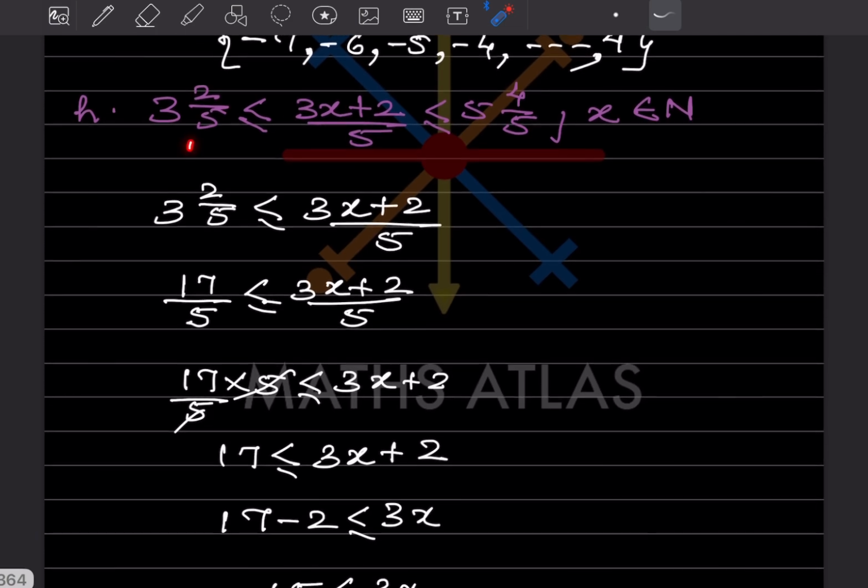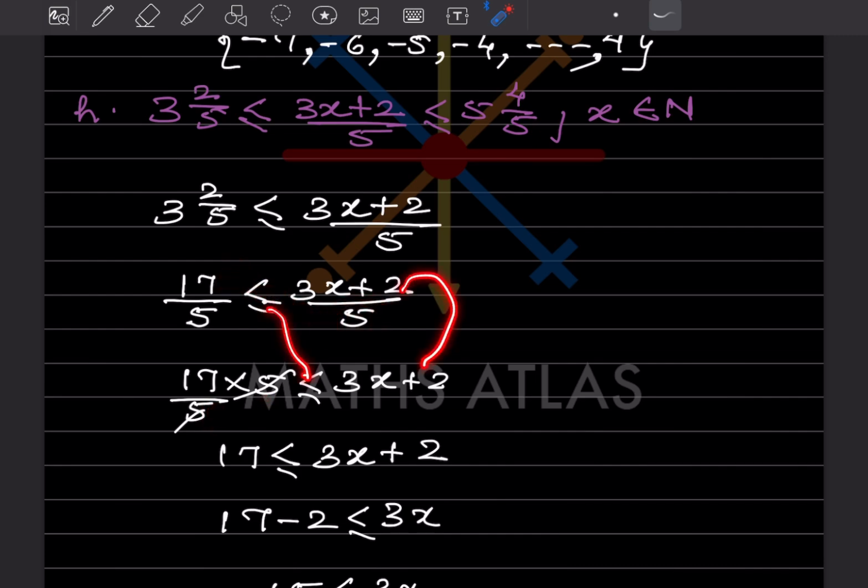Now this is given all the natural numbers. So now let us take this two part. This is a mixed fraction. We'll make it improper. 15 means 15, this should be multiplied, 15 plus 2, that is going to be 17 by 5. This is the same. So now this is division, so it goes on the other side. 17 by 5 into 5.